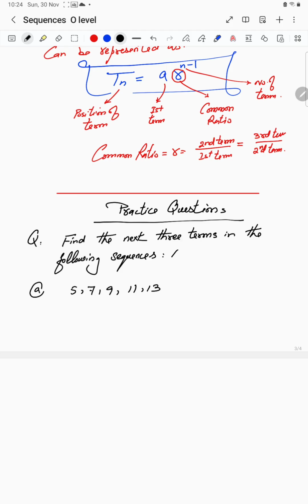And also write the formula to find the nth term of the sequences.